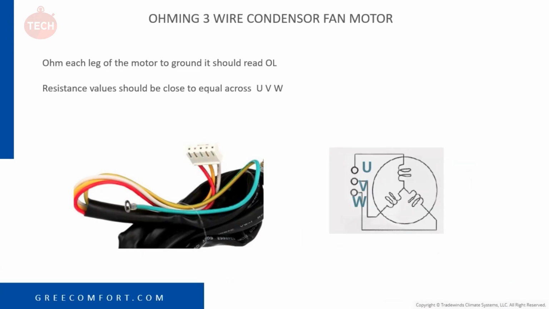What we're doing is looking for equal ohm value between the 3 windings. The different BTU models would have different readings, so don't always expect the same numbers. If you check one unit, say an 18K unit, you could get 45 ohms between all your different windings. Then you can check a 36K BTU unit and you could be getting 65 ohms.